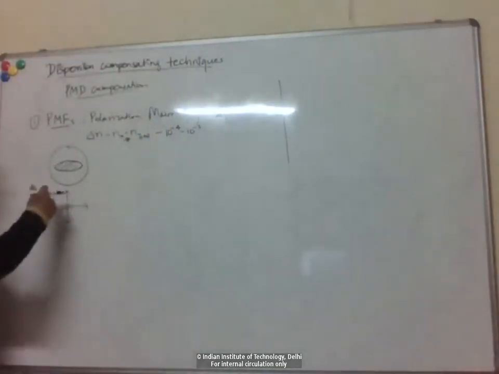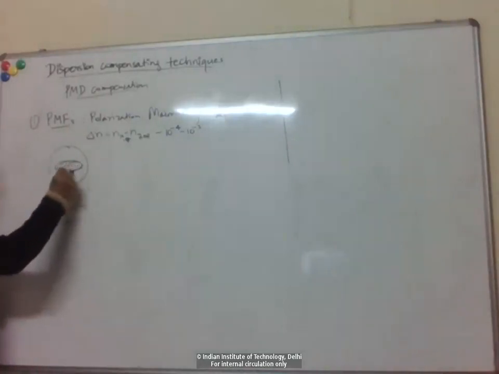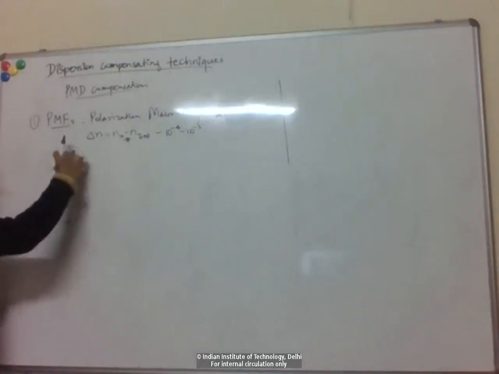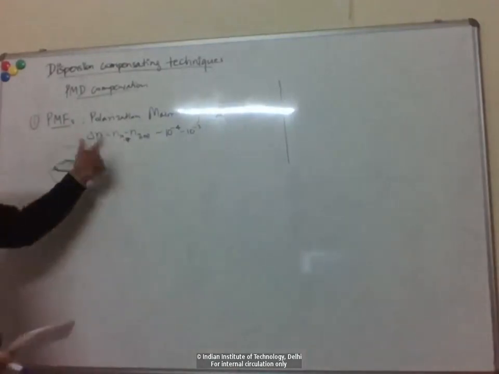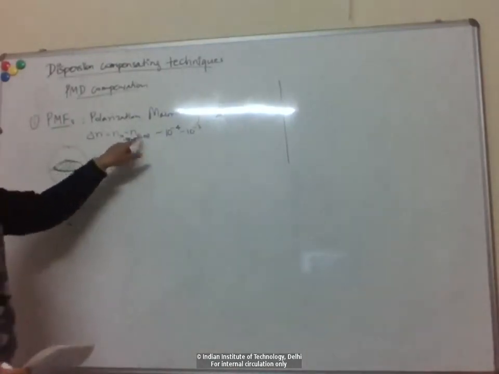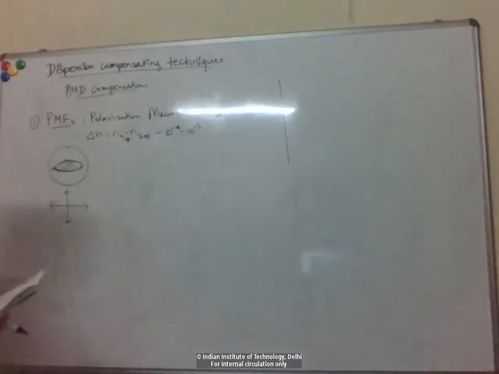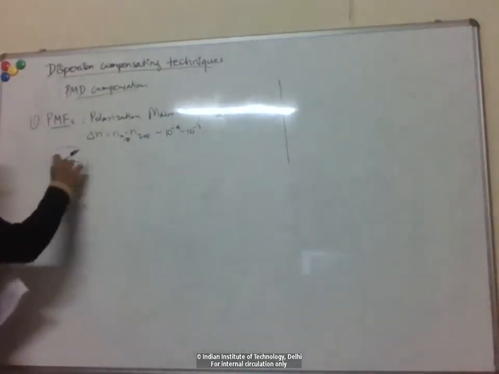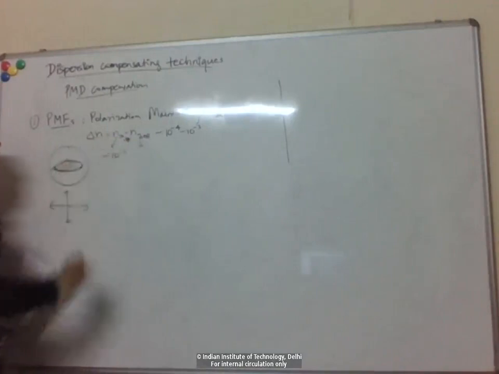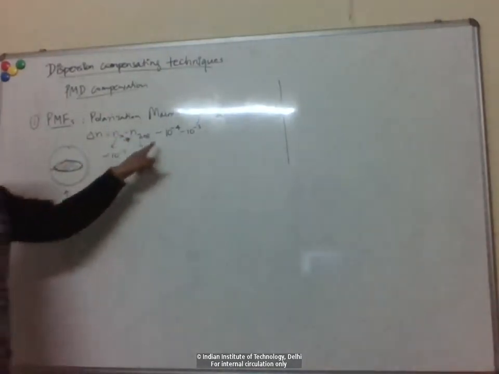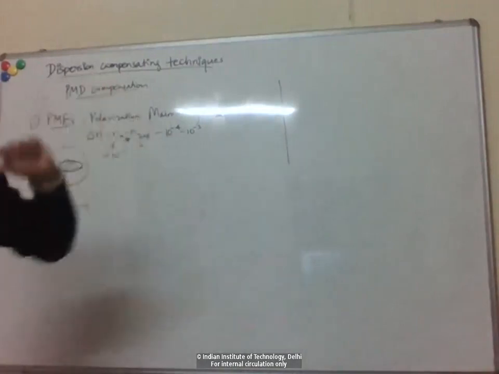And now basically any small variations, so you can imagine this is now highly elliptical, any small variations, either compression or elongation in this direction, won't change this too much. At least not enough that one polarization mixes to the other polarization, right? So these random distortions will now change each of these values by, let's say, 10 to the minus 7. That's still much smaller than the difference between these two.